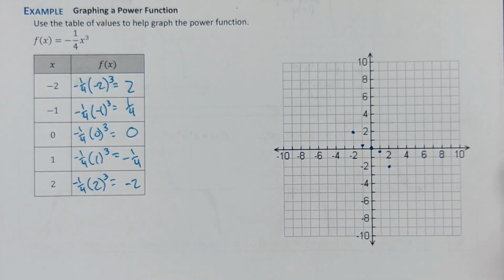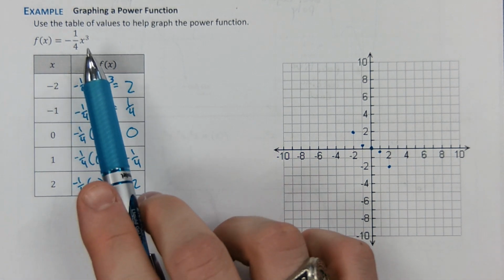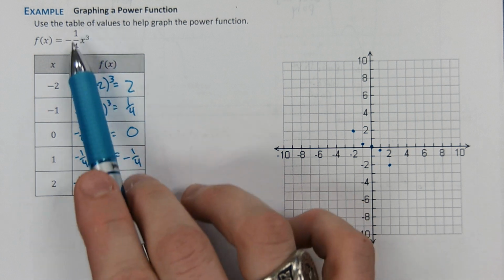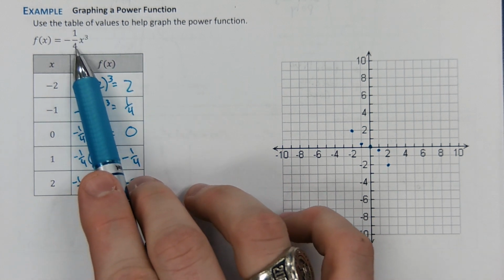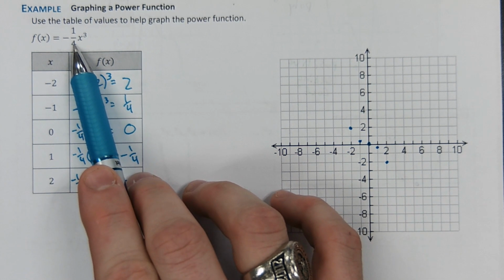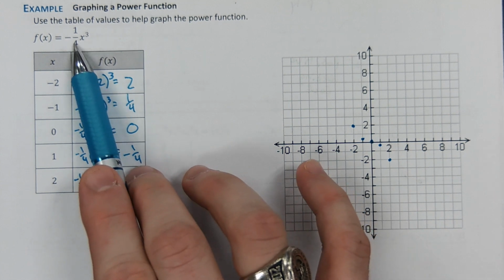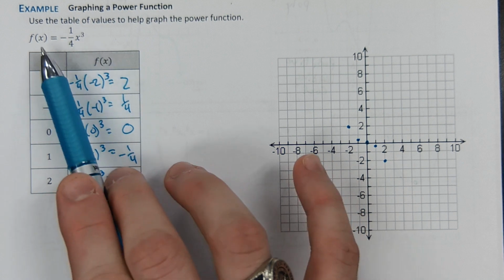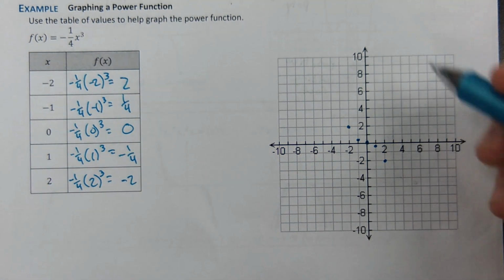Let's use 3. 3 to the third is 27. 1/4 of 27. Well, what's 1/4 of 28? 7. So this value, 1/4 of 27, is just a little bit less than 7. But it's negative. So a little bit less than -7.